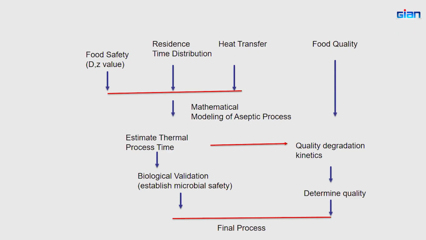From knowing the D value and Z value, you can calculate what they call the F value. Now, that is very straightforward to calculate for the case of canning. In the case of aseptic, it is much more complex. So, this is where we have to use a mathematical modeling tool.